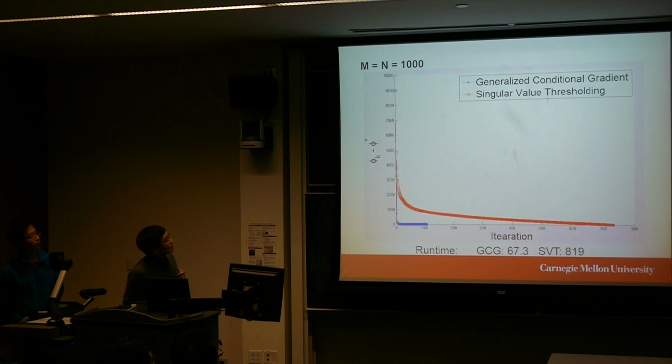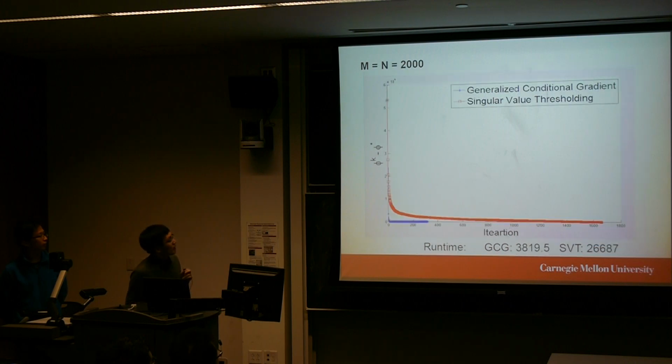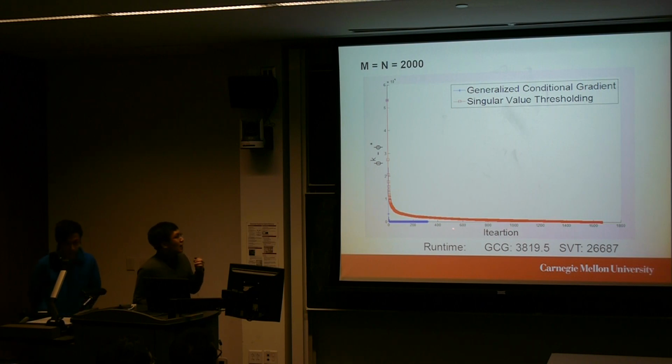And this is a case of much larger size. Okay, this is the third case. We can see that in all of the cases, our algorithm outperforms the state-of-the-art method.